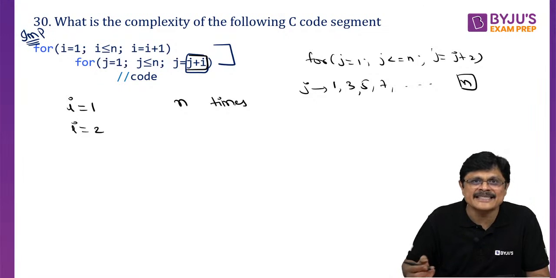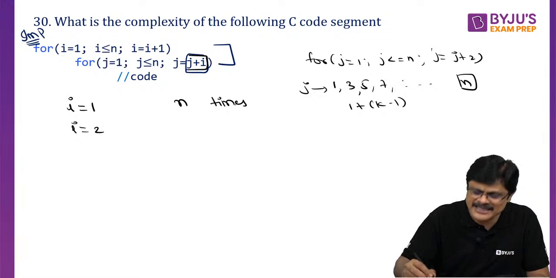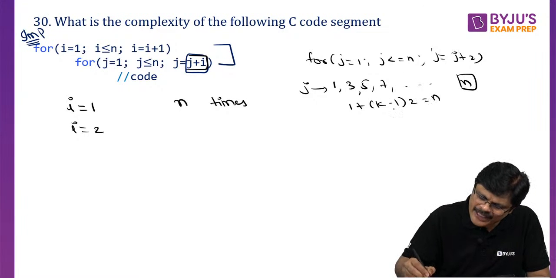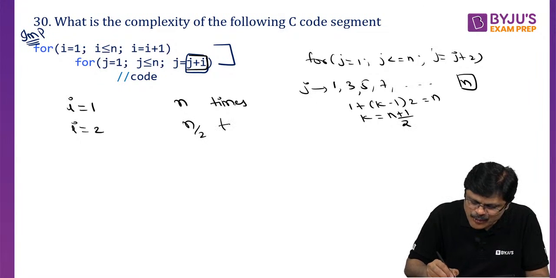When will it reach n, sir? Kth term. So what is the kth term, sir? 1 plus k minus 1 into 2 is equal to n. When you simplify, you get k is equal to n plus 1 by 2. So approximately it will iterate n by 2 times.